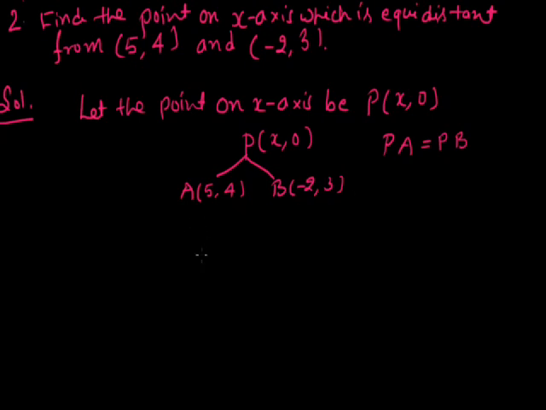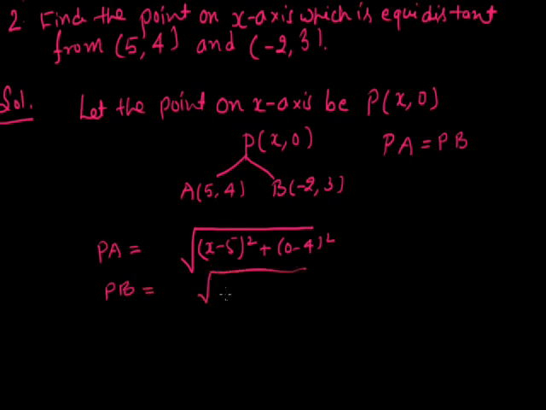Now PA equals PB, so according to the distance formula, PA is under root (x minus 5) whole square plus (0 minus 4) whole square. Similarly PB is under root (x plus 2) whole square plus (0 minus 3) whole square.